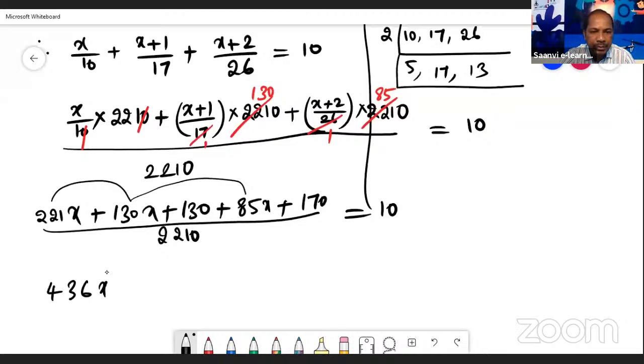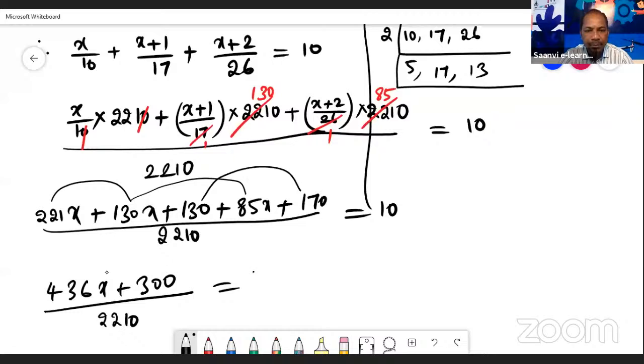And the constant numbers 130 plus 170 is equal to 300. So 300 by 2210 is equal to 10.